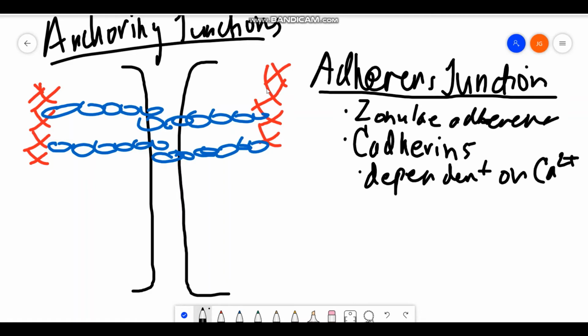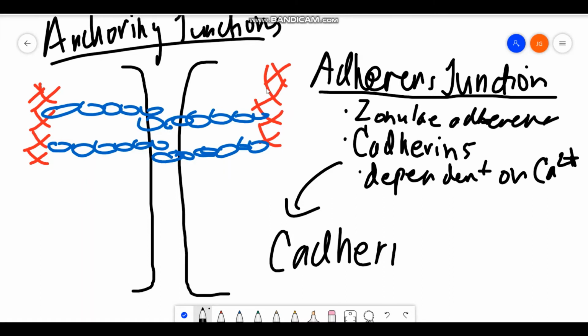And the way that I remember this is that I didn't know this until way too late, actually, but the word cadherin actually comes from calcium adhering. So cadherin literally comes from the fact that this kind of binding is 100% dependent on calcium.